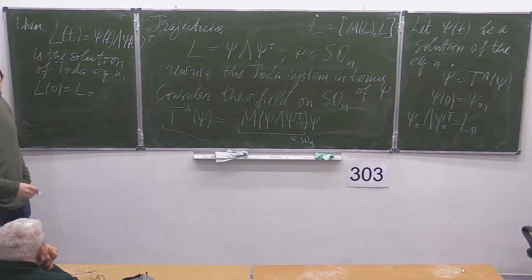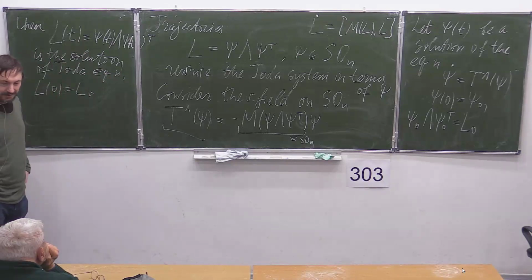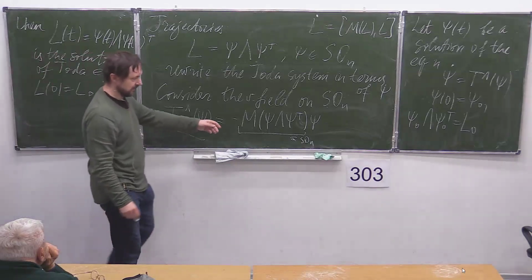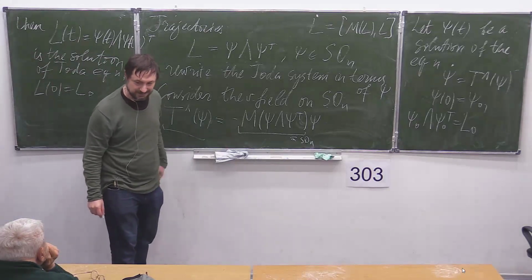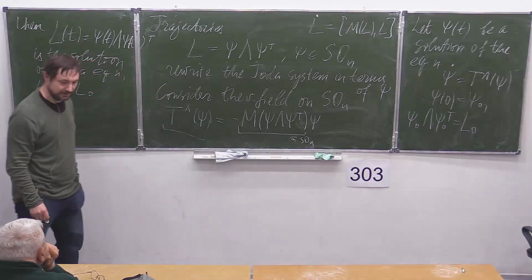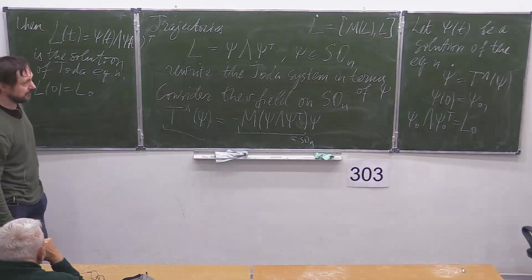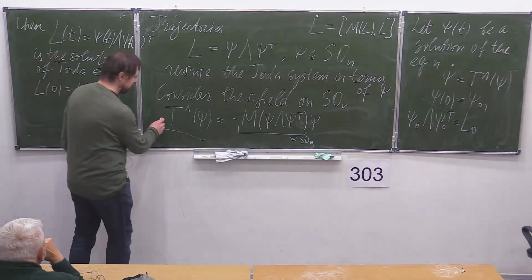And it's very easy to check. You just differentiate this equality and use the definition of our vector field, nothing else. It's straightforward. And that's why I will always call this vector field the Toda field.